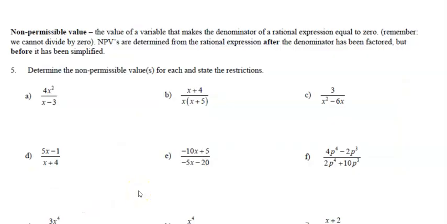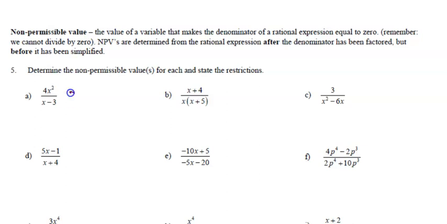Okay, back here. So determine, and then it says, and then state the restrictions, right? So for restriction, you're just saying X can't be this. What can't X be? 3, right? Why? Because this would be 0, right? So how do you solve it?